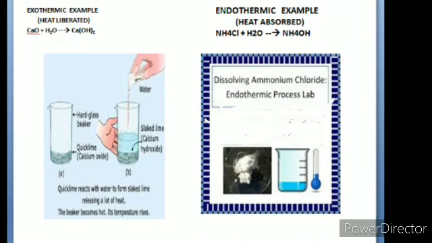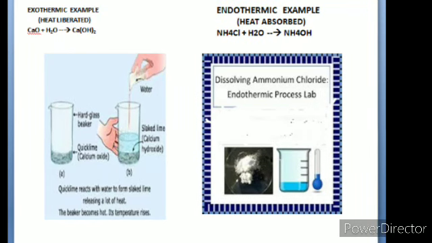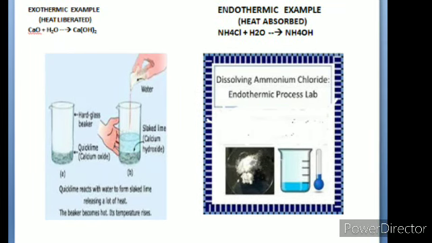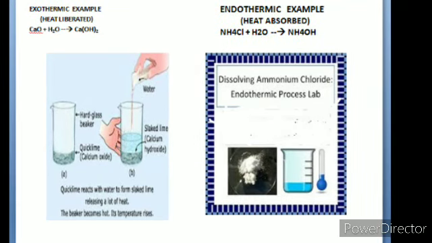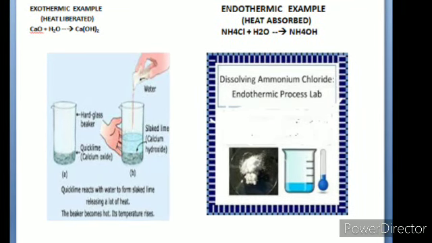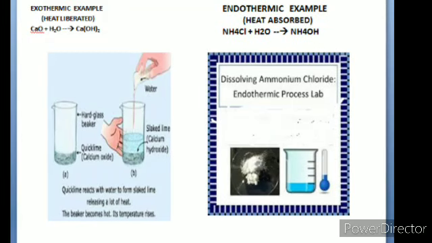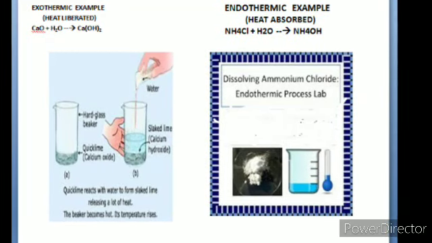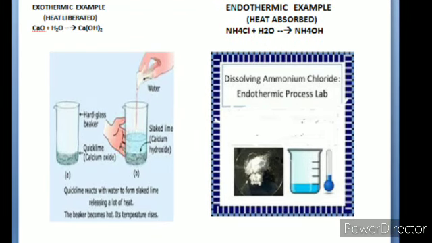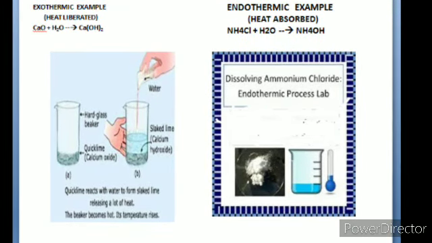When calcium oxide reacts with water, it forms calcium hydroxide, which is also known as slaked lime. When slaked lime is formed, you will see that the temperature of your test tube increases, which shows that this process is exothermic in nature.